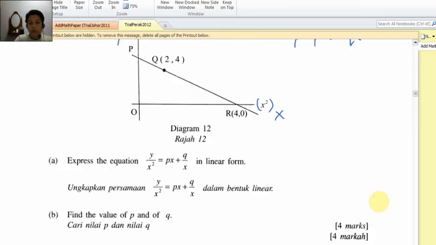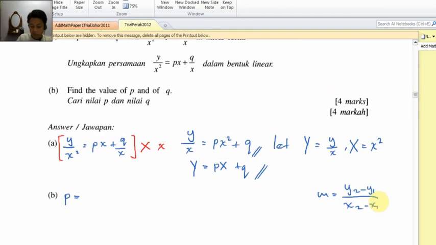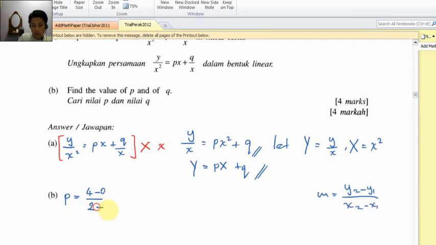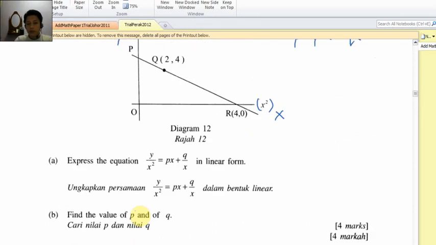So p now is equal to 4 minus 0 over 2 minus 4. So that is equal to 4 over minus 2, which is equal to minus 2. So that's the value for p. And then q. Let's take a look at the point R here.